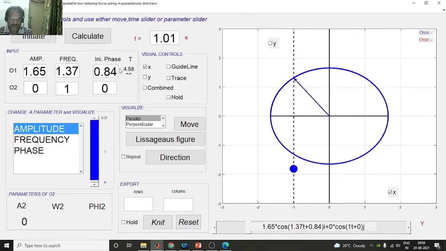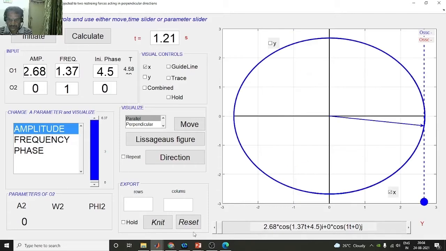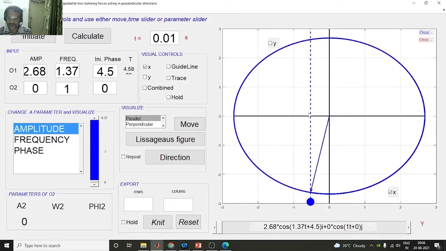Or we can take another oscillation, let us say 0.45, and an amplitude of 2.68. So how does it look? This is at t equal to 0. We have 2.68 as the length of the arrow.